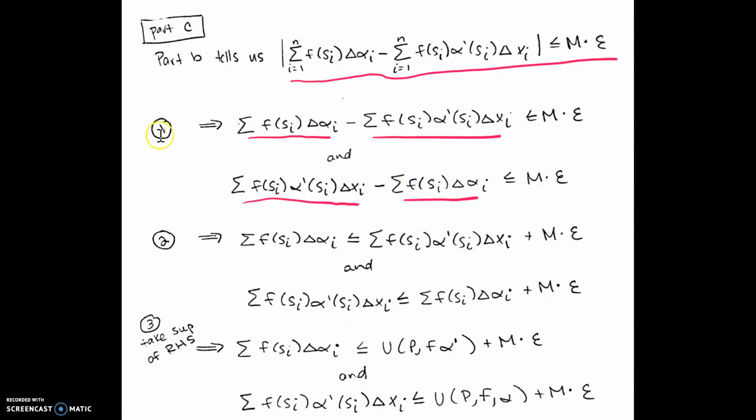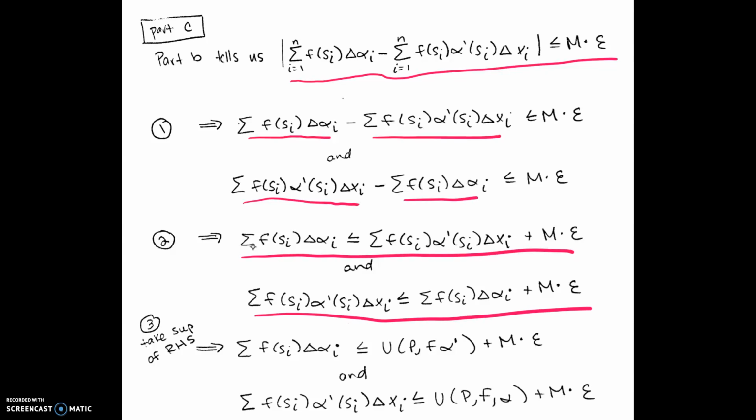We're going to call that step 1. Step 2: whatever I was subtracting on the left-hand side, I'm going to add so that it's on the right-hand side. So now our inequalities look like this and this.